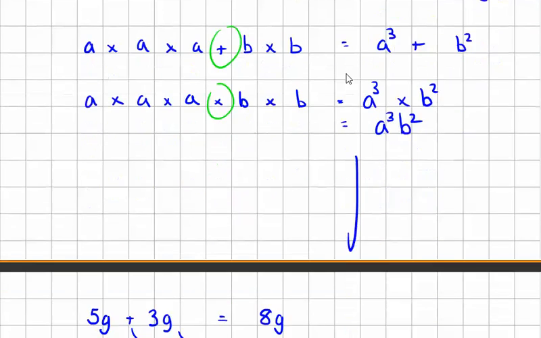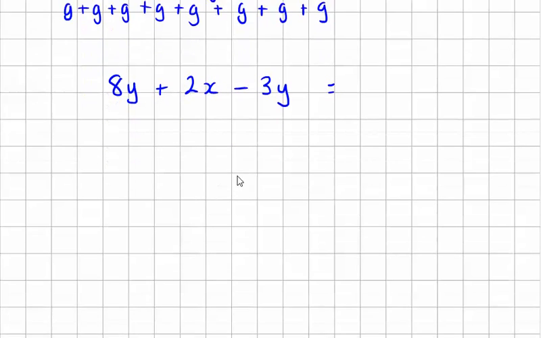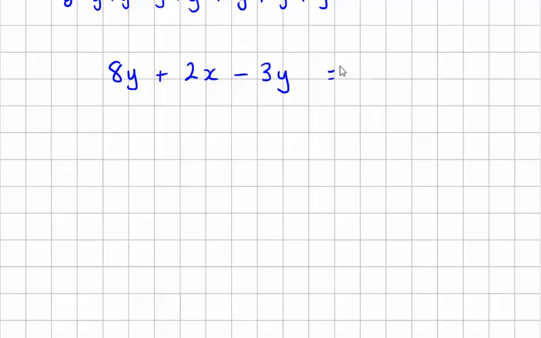So if we go back to what we're doing here, what do you reckon? Not 7yxy, no. Nico, go on then. 5 y's plus 2 x's. Exactly.